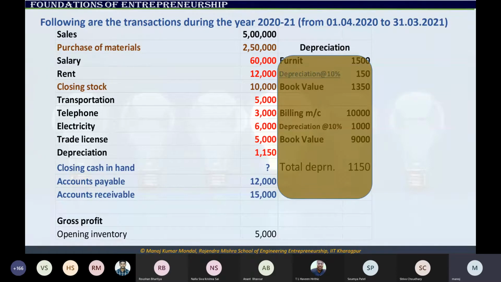Like the bank is interested in the profit, your shareholders are interested in the profit, your other lenders, your investors are interested in the profit. So you try to jack up your profit as much as possible to make these people feel comfortable, but without doing any hera-feri. There is an authentic system, there are legal ways of showing more profit and showing less profit. You have to be within the legal boundaries.